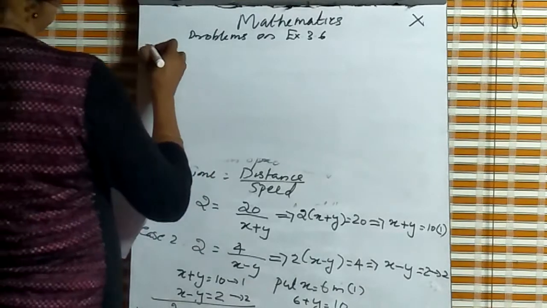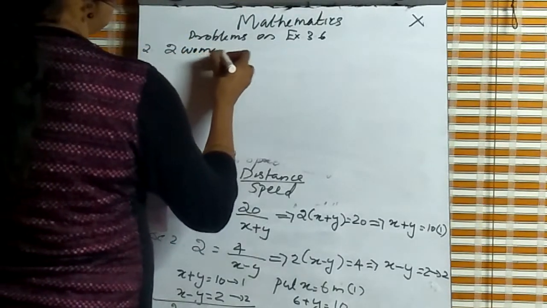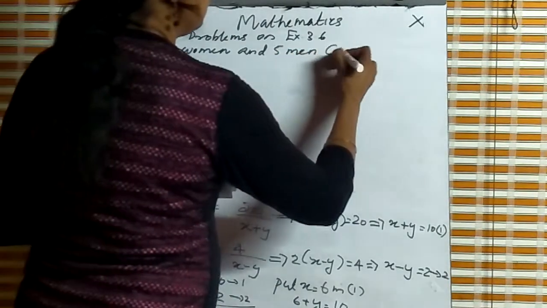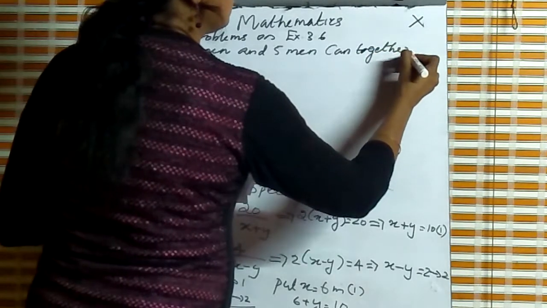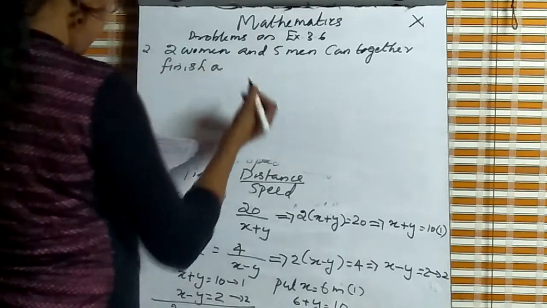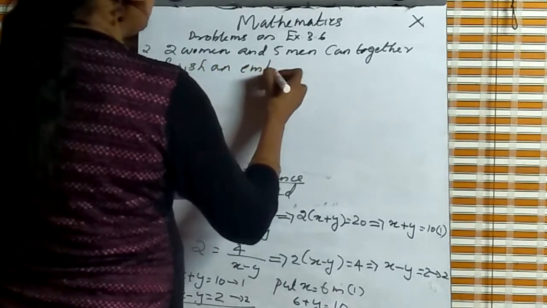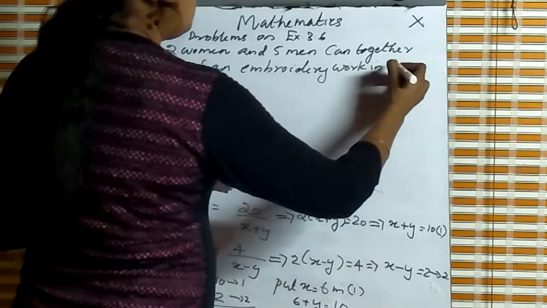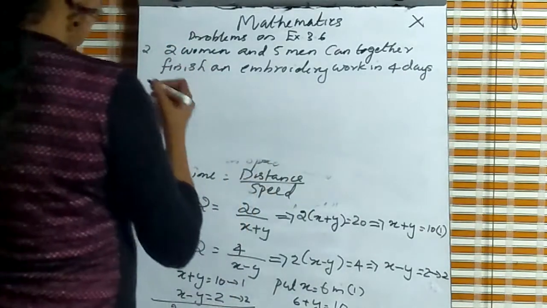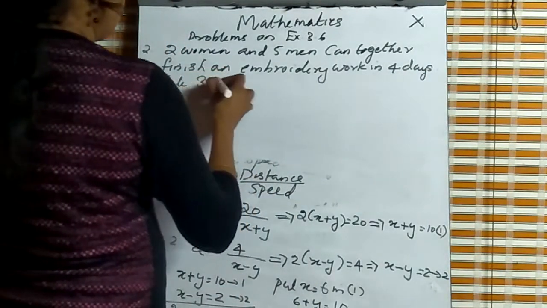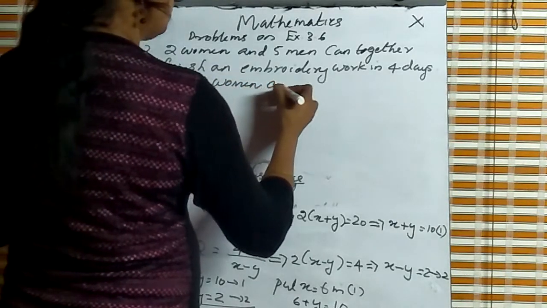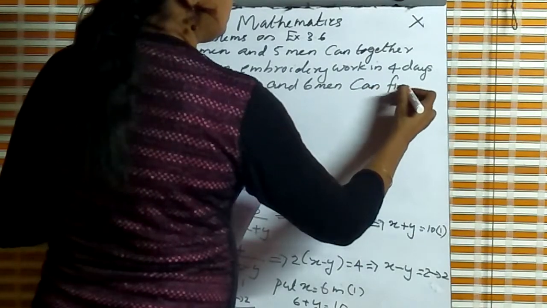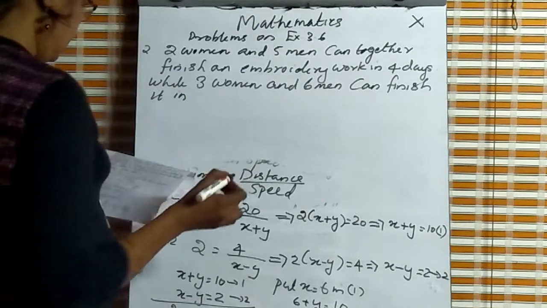Question number 2. 2 women and 5 men can together finish an embroidery work in 4 days, while 3 women and 6 men can finish it in 3 days.